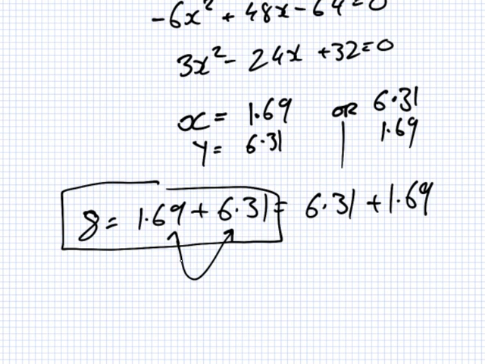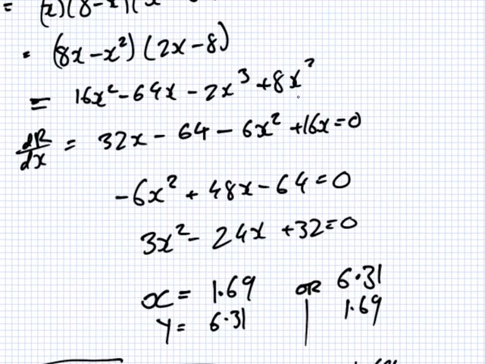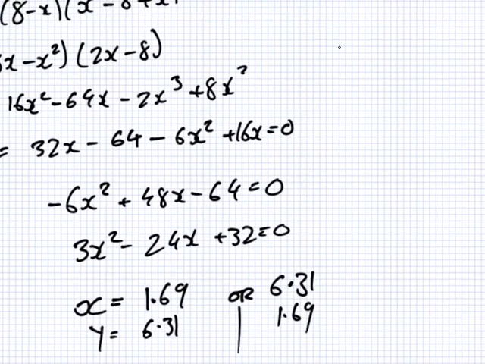What I should do, which I haven't done, is check that it's a maximum. If it is a maximum, what should the second derivative be? Negative. So let me check the second derivative here. What do I get? 32 minus 12x plus 16, that's going to be 48 minus 12x.